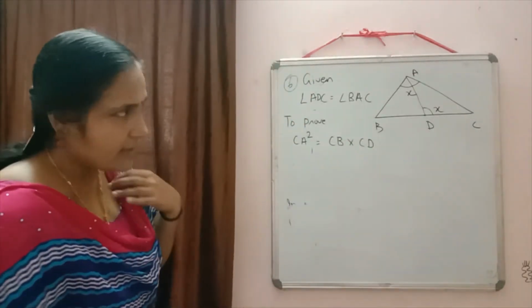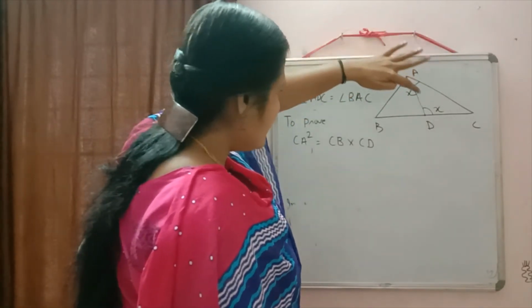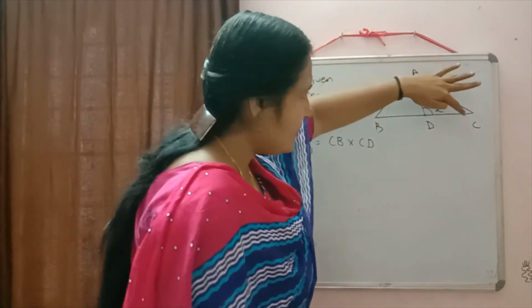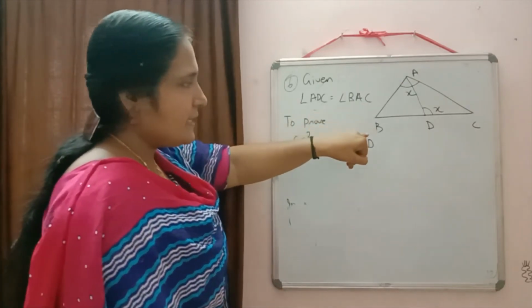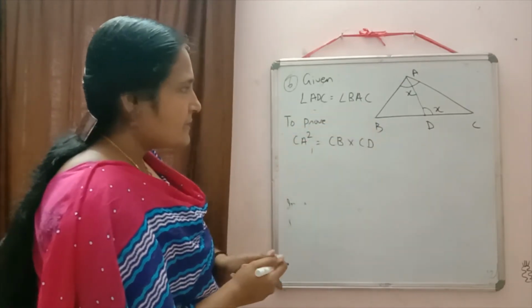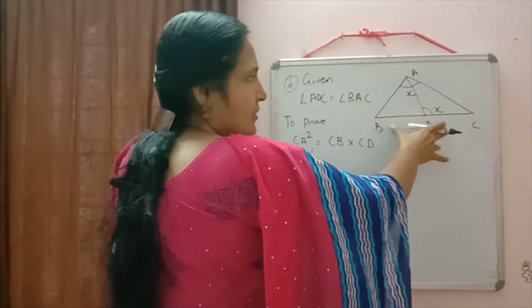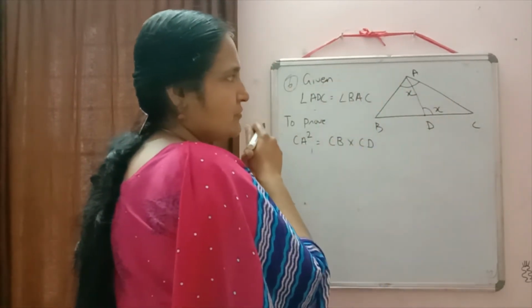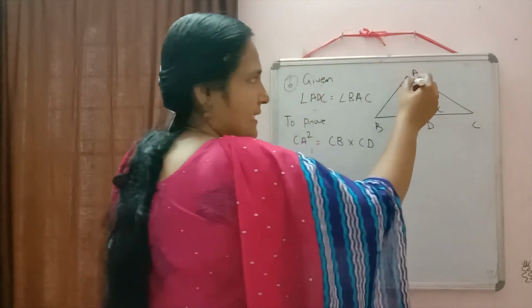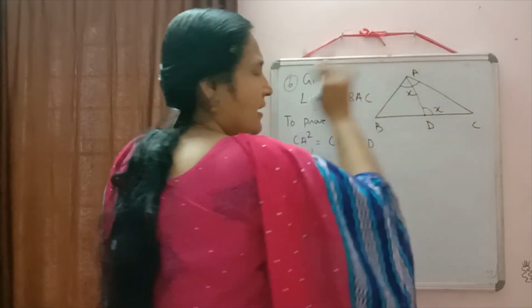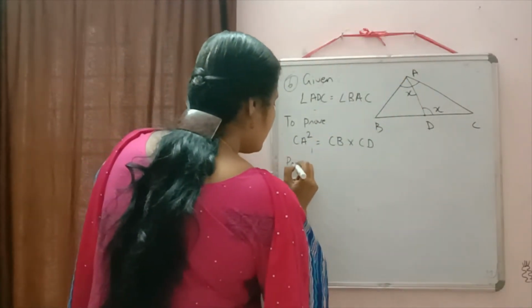Just check there, CA square, CA we have here, and then we need CB and CD also. So CD we need and CB we need. So these sides are coming in which triangles? Yes, first we will take triangle ACD and then triangle ACB. So now we will start the proof.